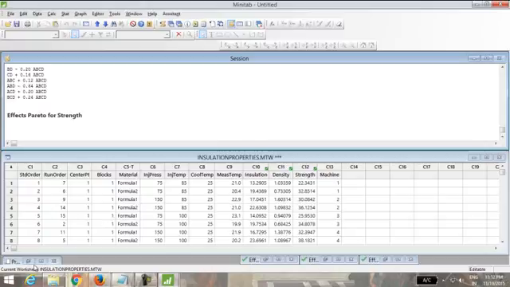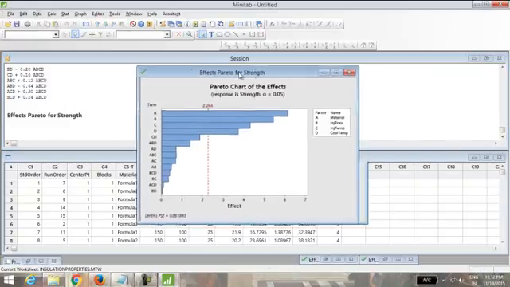So the property of insulation, we'll put them side by side.